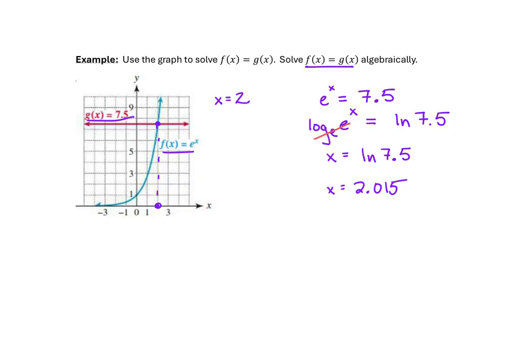That's about as close as we can get visually when we look at our graph. That is approximately 2.015, and so this is what we can do with these ones.